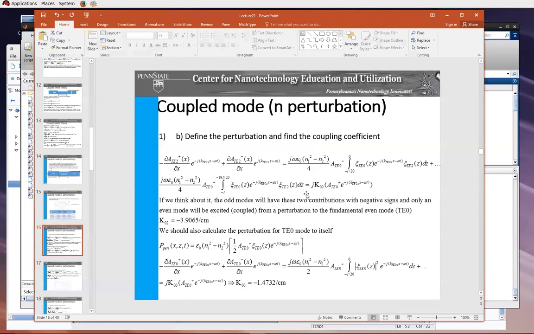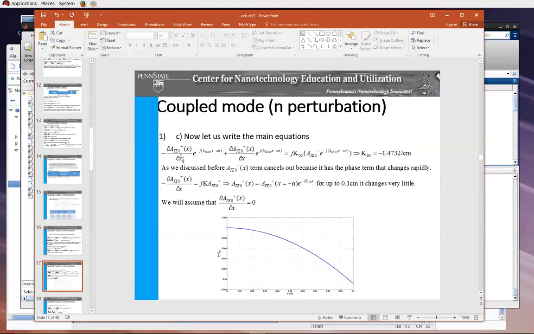And if we try to understand how much TE0 would be perturbed by its own TE0 mode, that's why I'm replacing the second order with the 0 mode here, and I'm trying to understand the coupling coefficient for its own, the K00. And that turns out to be smaller than the 0 to second.